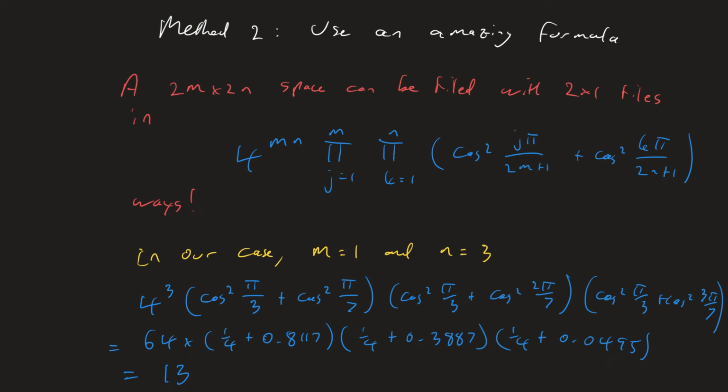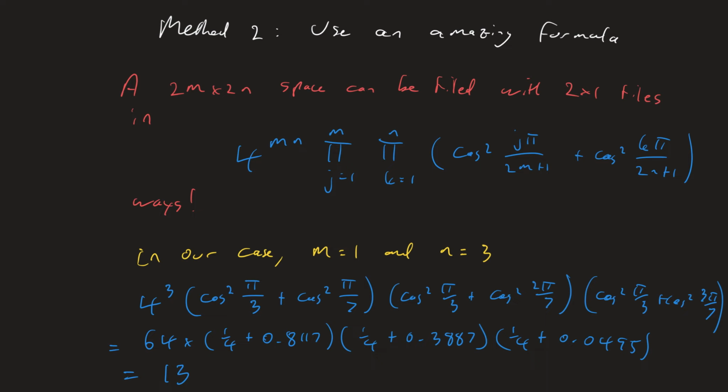We have a product of k going from 1 to 3, so we've got three terms here, 1, 2, 3. In the first case, j is 1, k is 1. So we get cos squared pi on 3, since m is 1, plus cos squared pi on 7, since k is 1 and n is 3, so 2n plus 1 is 7.